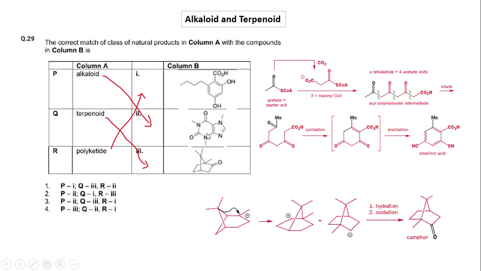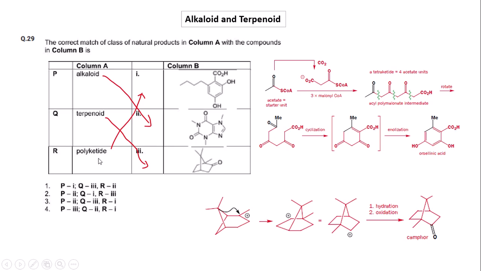And the terpenoids are made of isoprene subunits, which undergo polymerization or a series of reactions to give different types of carbocycle derivatives, and a rearrangement happens for the formation of the camphor system, and this terpenoid is similar to the camphor system.